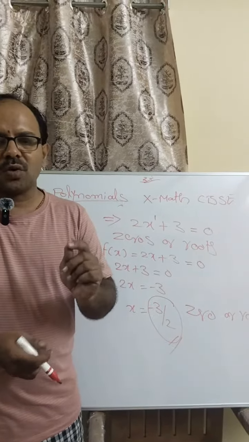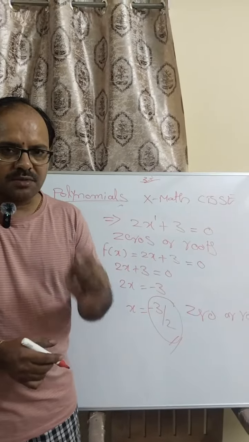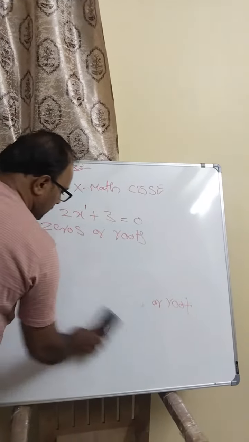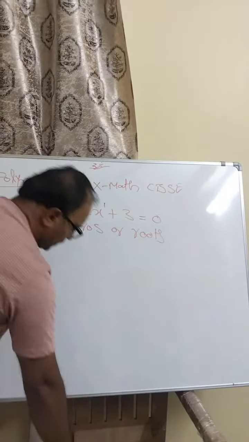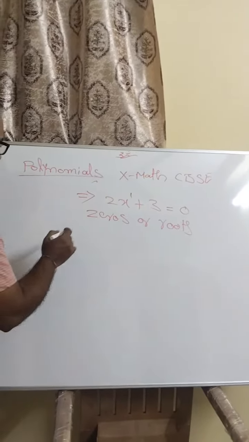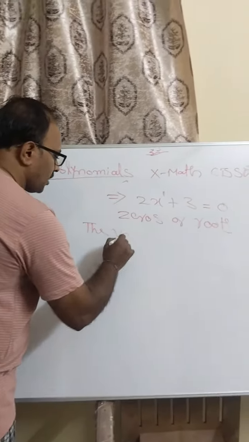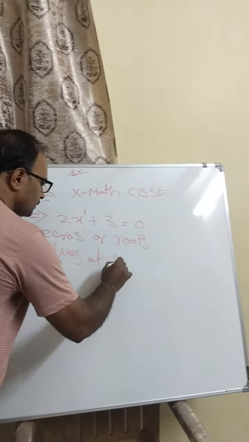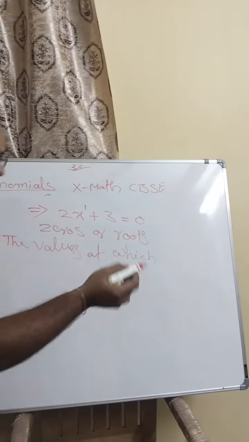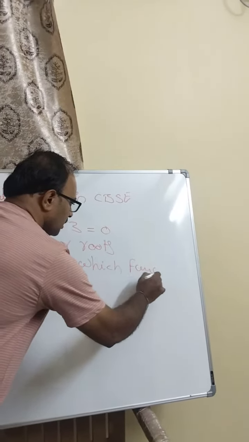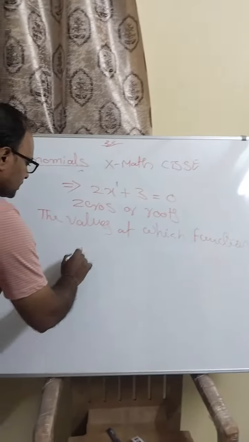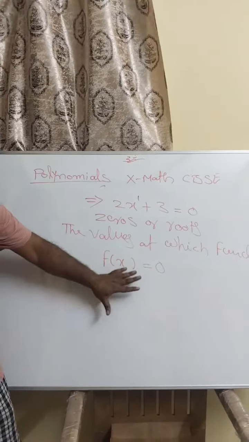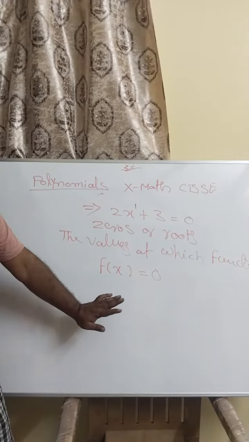What does the term zero represent here? That is the important aspect of the polynomial: the values at which the function f of x becomes 0, which we call the zeros.